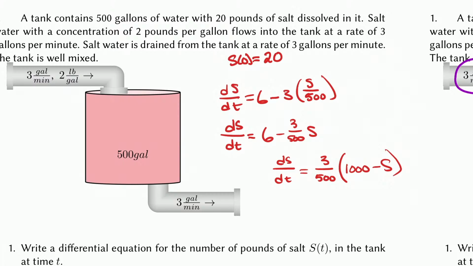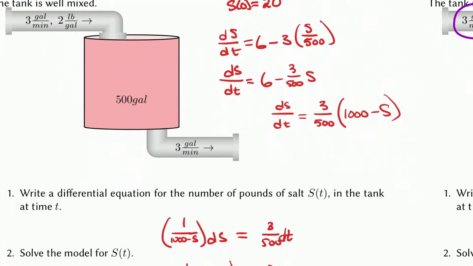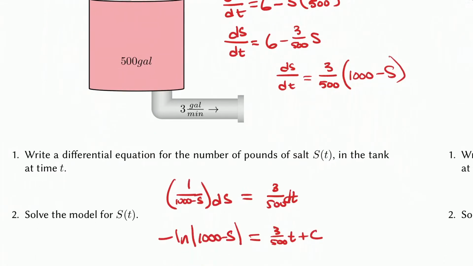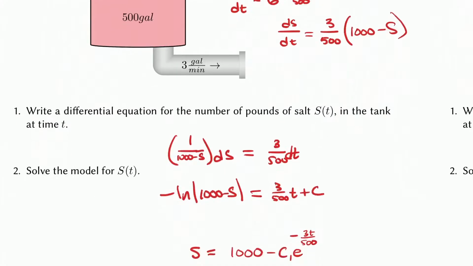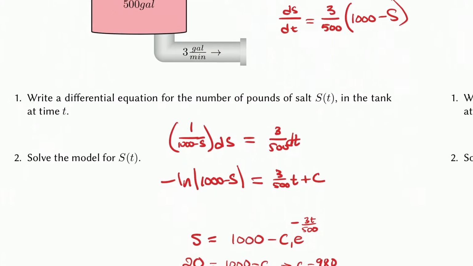Now that I've got that, it's a separable differential equation. I did my integrals of both sides. This is so much better without a fraction here, because when I do this antiderivative, you know what it's going to be: the natural log of this, with a negative. I skipped a few steps, but I think you know which ones.